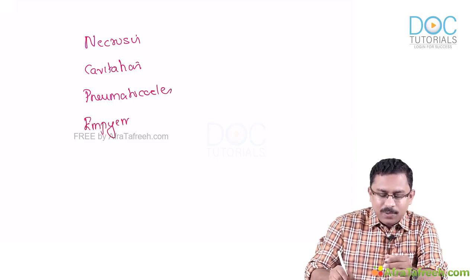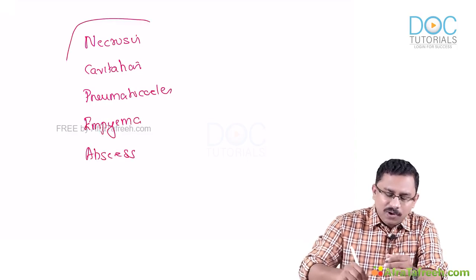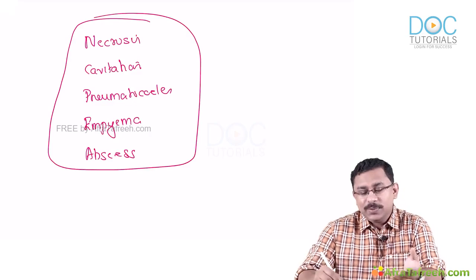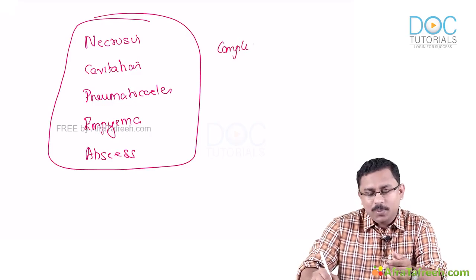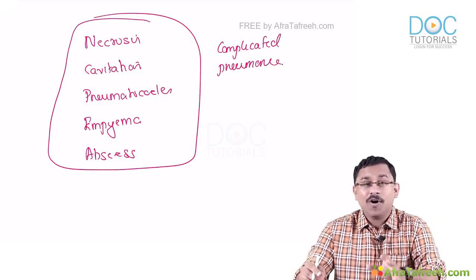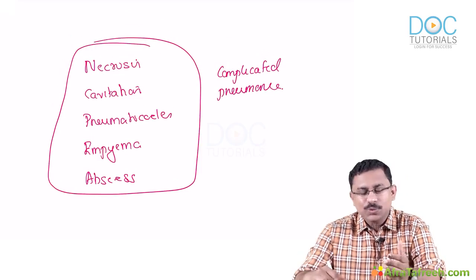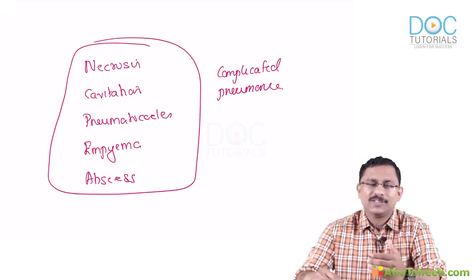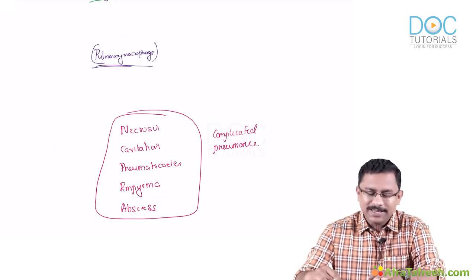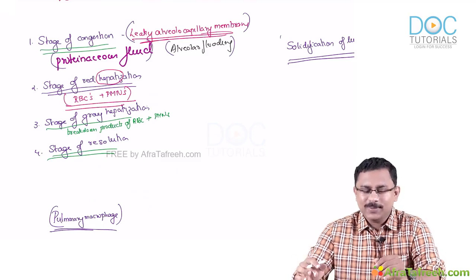You might have abscess. So that is when all the complications set in, and that is when you say this is a complicated pneumonia. On top of a pneumonia, you might have any of these, and you say this is a complicated pneumonia, which is very important. So that is the usual progression of events in case of a lobar pneumonia. I hope that part is very clear.